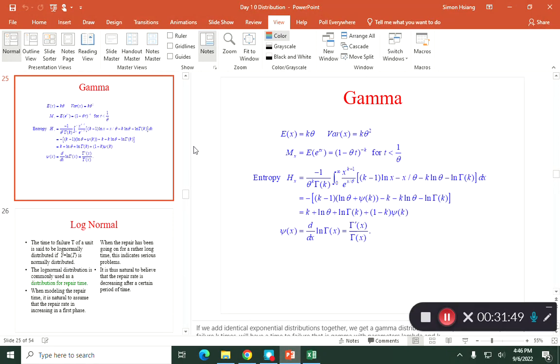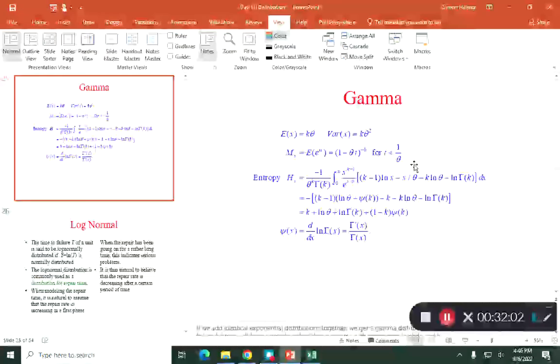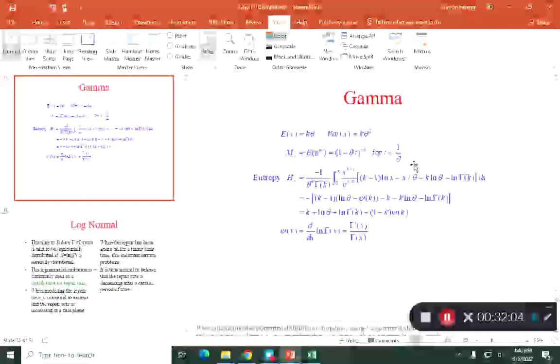So for the gamma distribution, you must remember this. What do you need to remember? Number one, would you consider the exponential distribution as a special case of the gamma distribution? That means what? There's no failure before my first failure, right?